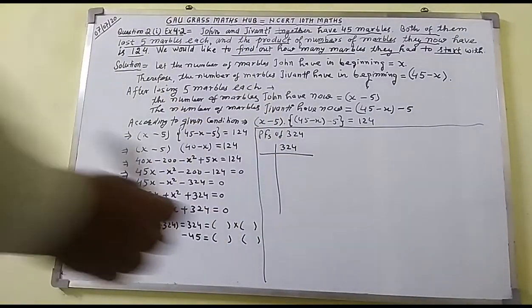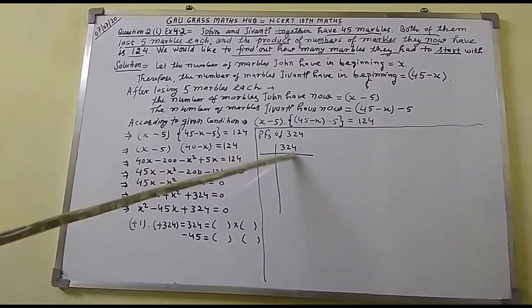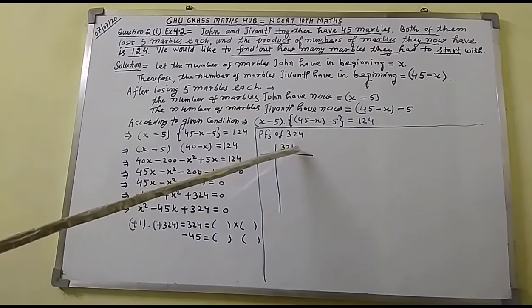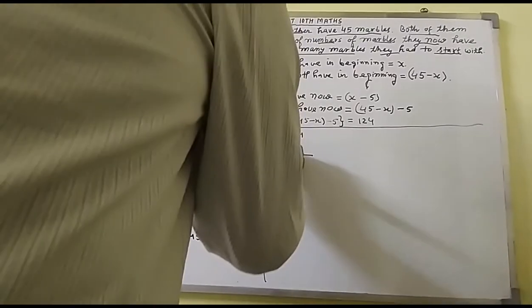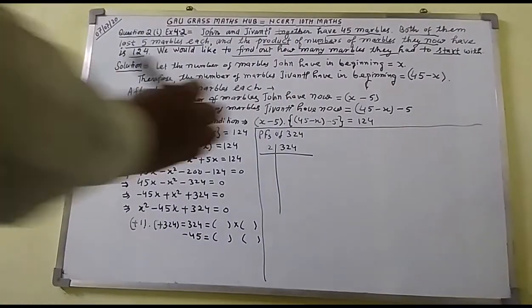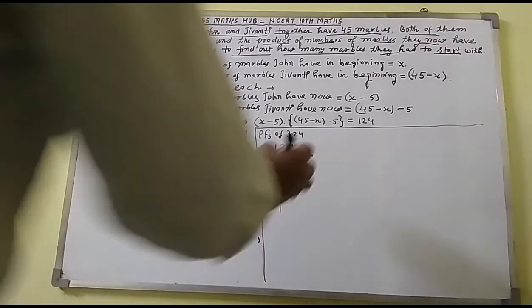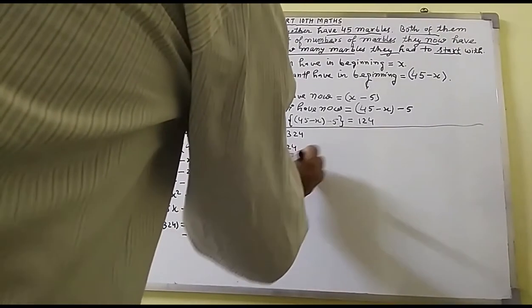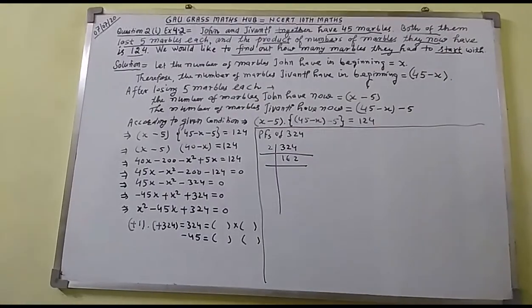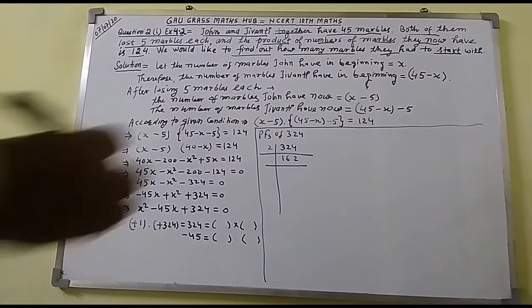Just here you can see in 324 the unit digit is 4, so you can easily divide it by 2. So divide here by 2. You will get 162. Again you can divide by 2.